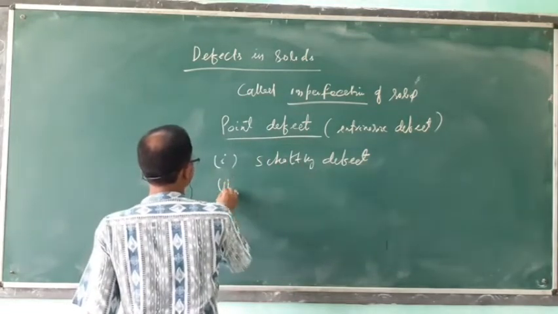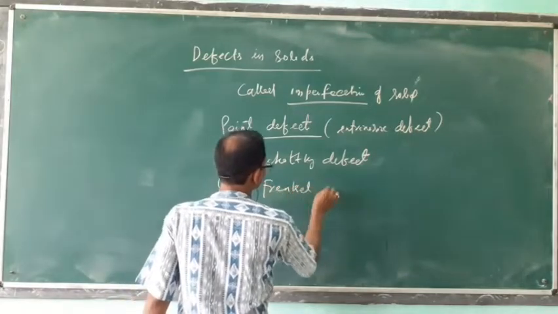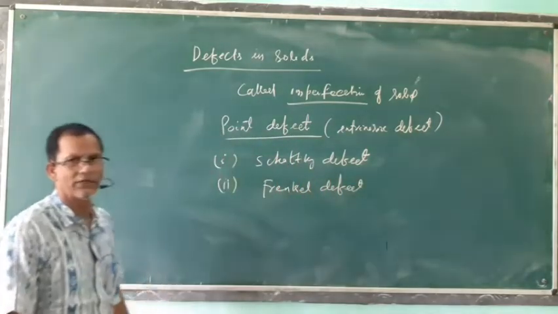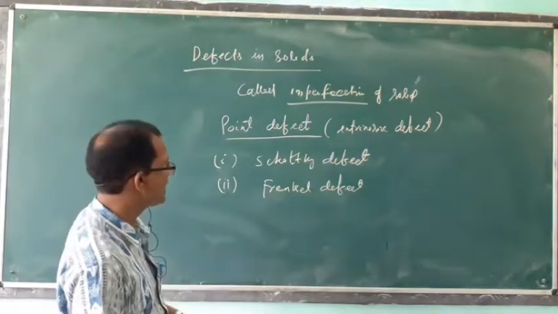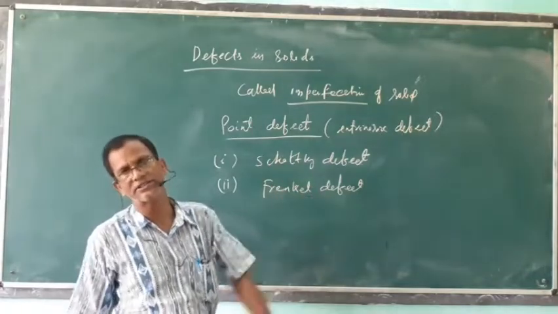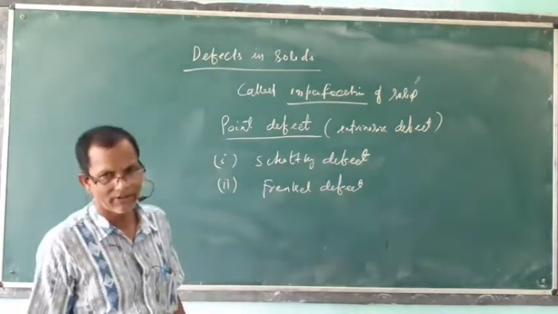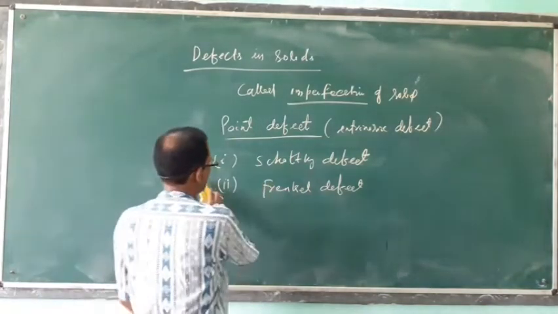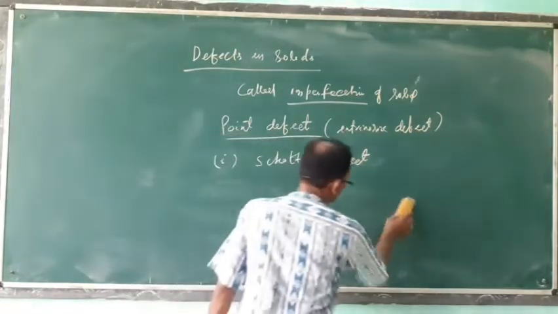Second one is Frenkel defect. And these two defects are generally observed in case of ionic solids. And your vacancy and interstitial defects are generally observed in case of non-ionic solids. So let us discuss these two types of defects. These are very important for your examination.